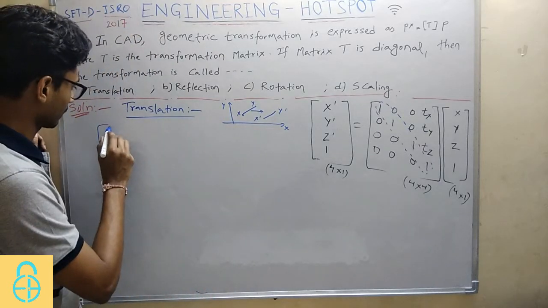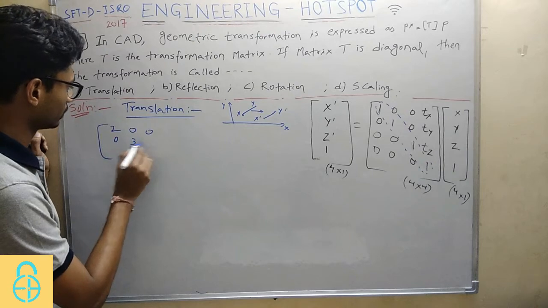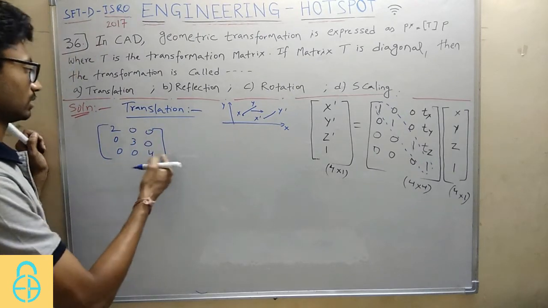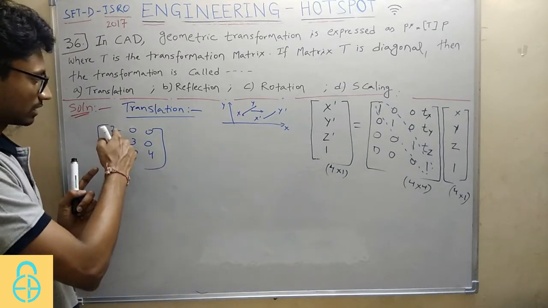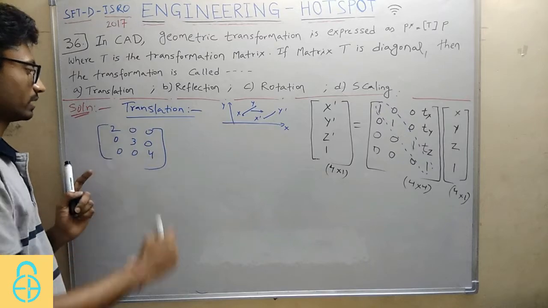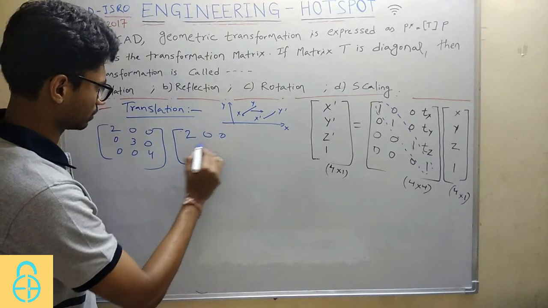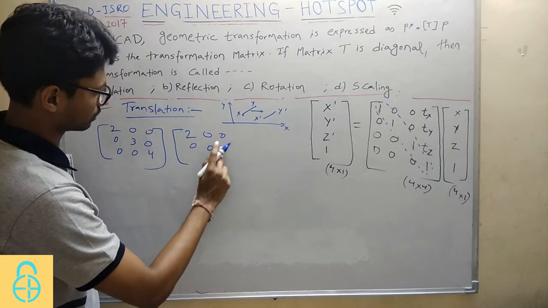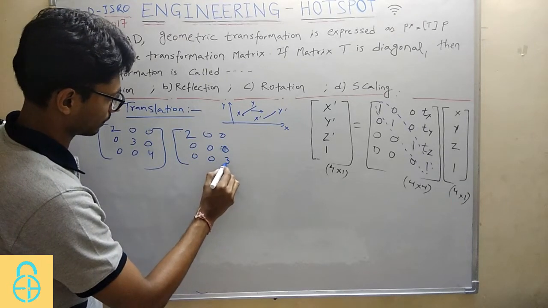Like 2 0 0, 0 3 0, 0 0 4. This I can take as a diagonal matrix, because diagonal elements are present while all the other elements are 0. Suppose 2 0 0 0, 0 0 0 3.